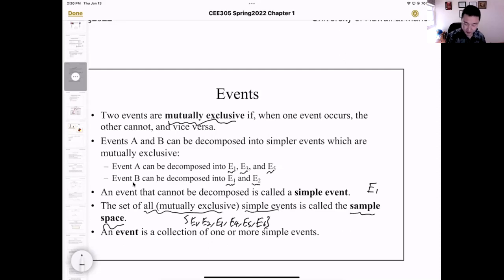These 6 events are simple events, and they are mutually exclusive. If one occurs, the others cannot occur, and vice versa. So this is the sample space: all the possible outcomes together. And an event is a collection of one or more simple events.